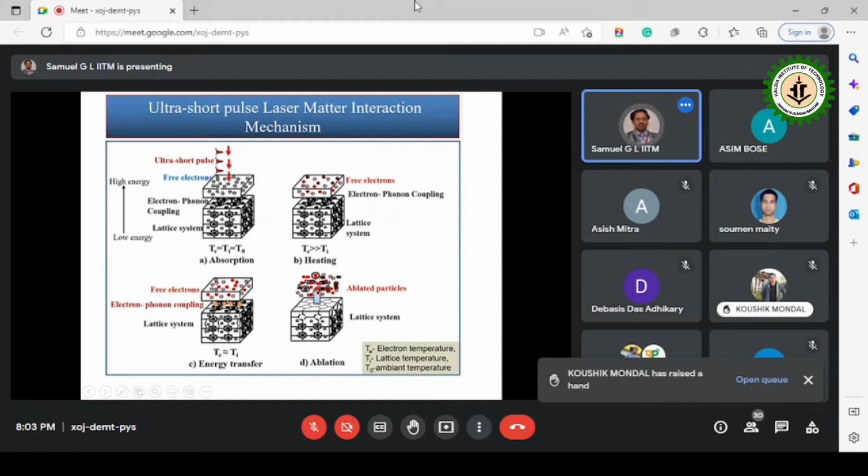So what is going to happen is when you put this laser here, this is the bulk of the material, and usually in the metals, the conducting electrons will be there on the top layer. Now when you put the ultra short pulse lasers, the top layer absorbs the heat, and since the time is less, there won't be much time for the heat to go into the bulk of the material.